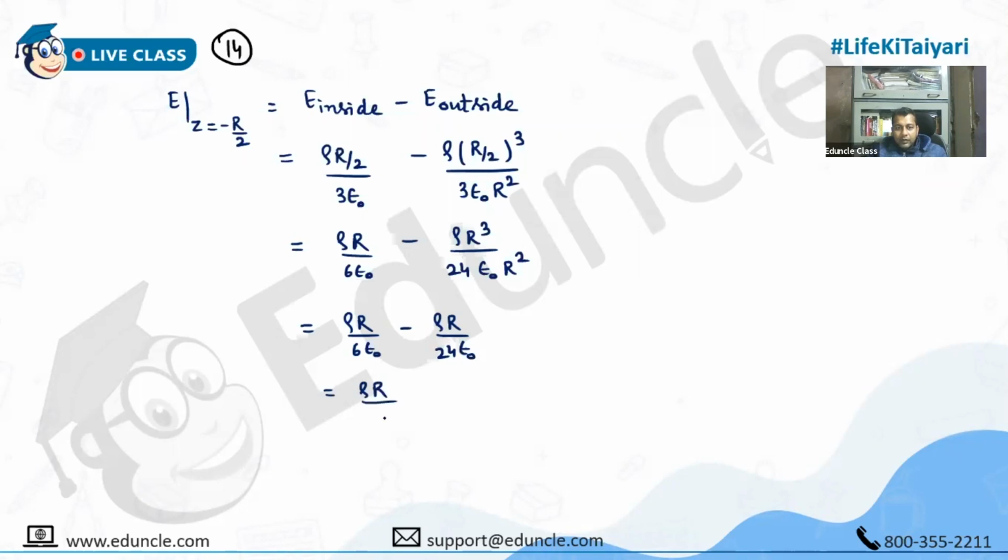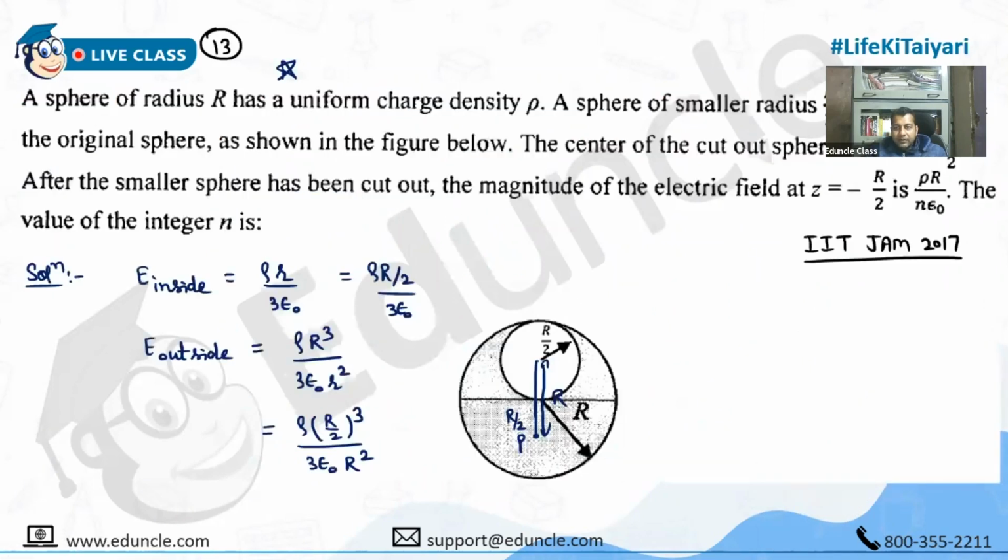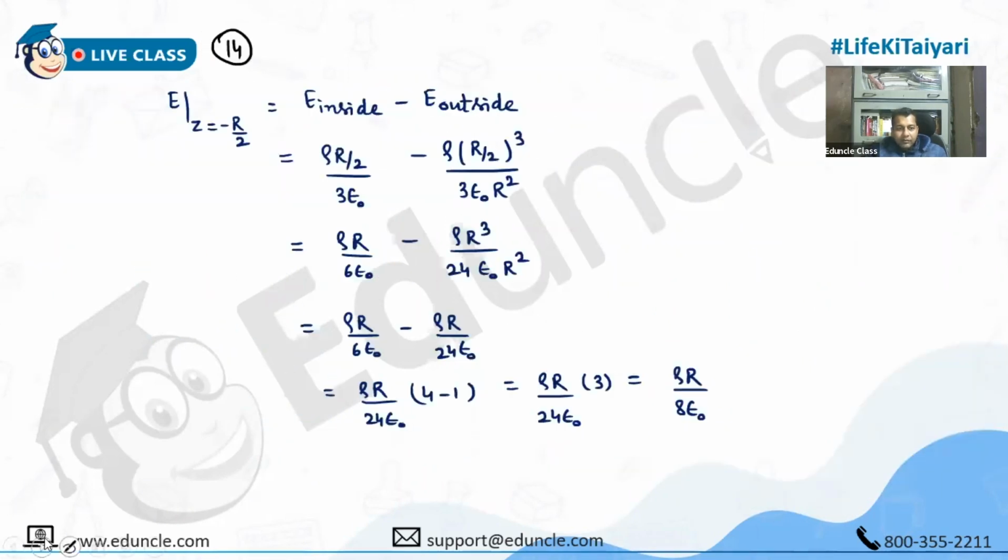So rho r by 24 epsilon naught common. Rho r by 8 epsilon naught. So if I compare it with the given result, it says rho r by n epsilon naught. So comparing it with rho r by n epsilon naught, we get n equal to 8. Please check.